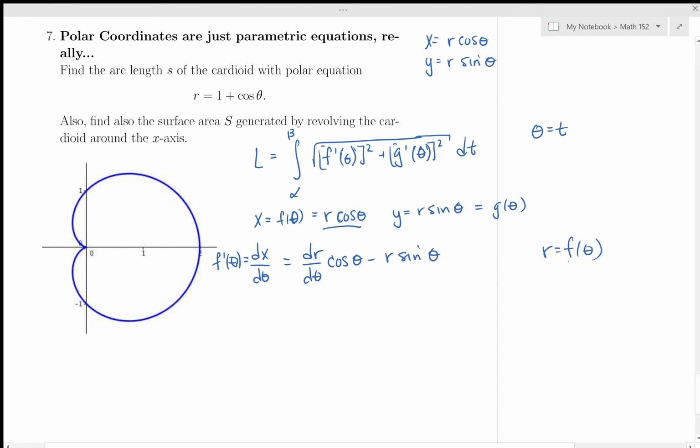It's not a constant, right? In fact, we know what the function is. R in this case is 1 plus cos theta. This is actually true for all polar curves. So now I'm taking the derivative of this here, r sine theta, remembering that r is a function of theta. So this is dr by d theta sine theta plus r cos theta.